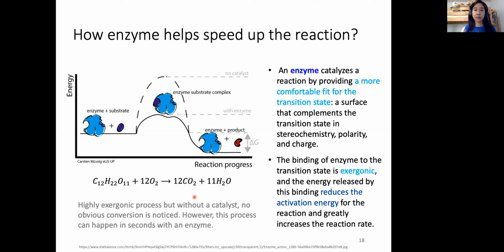It will not combust into carbon dioxide in your lifetime. You need a catalyst to speed up this reaction. Once you add the enzyme sucrase, which we will learn about again in the lab too, this reaction will happen in seconds. So an enzyme is just speeding up the reaction, but not changing the delta G of the reaction.